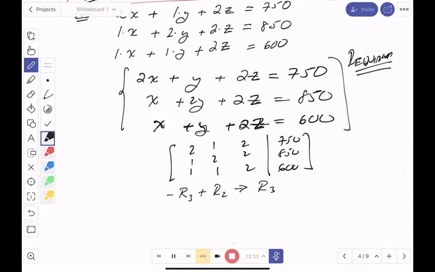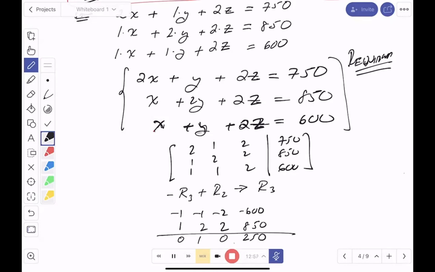And let's see if I can do that. Minus 1, minus 1, minus 2, minus 600. And you get 1, 2, 2, 850. And when you get there, 0, 1, 0. And that's going to give you 600, 250.